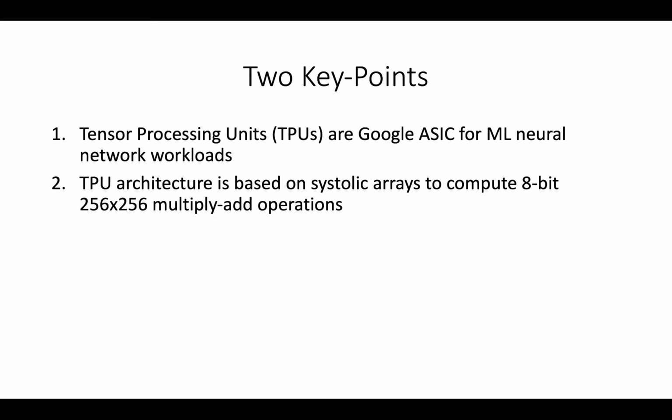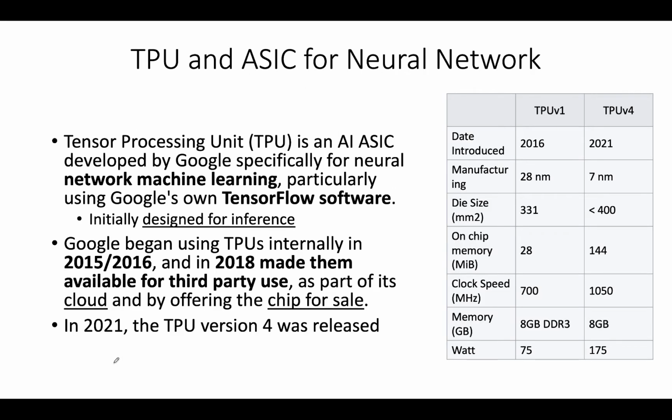The first point is that Tensor Processing Units, or TPUs, are Google ASICs for machine learning neural network workloads. The second point is that the TPU architecture is based on systolic arrays to compute 8-bit 256 by 256 multiply add operations.